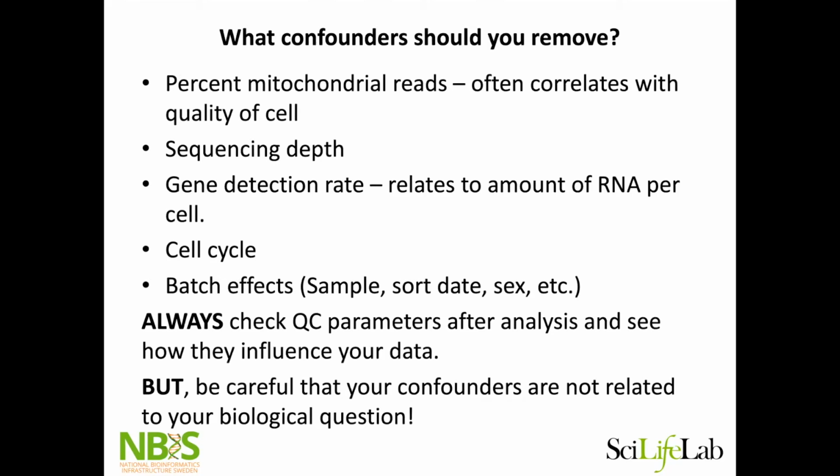And as I said, I would quite often start with percent mitochondrial reads and gene detection rate. If I know that I have a strong cell cycle dependence, I would remove that as well, if that's not what I'm looking for in my data.